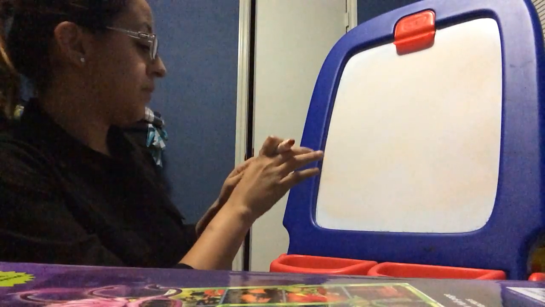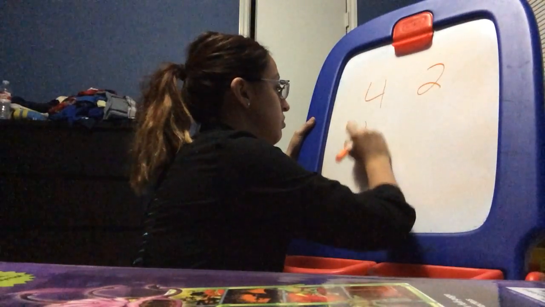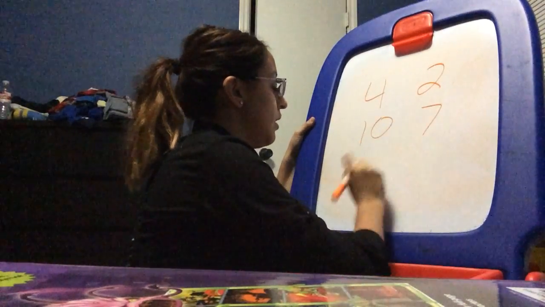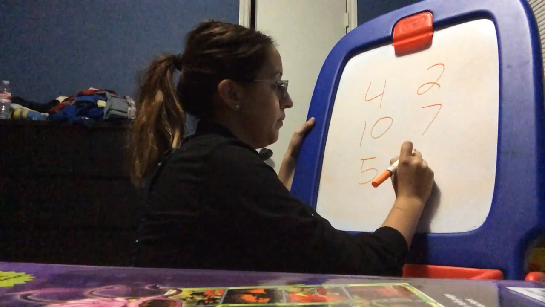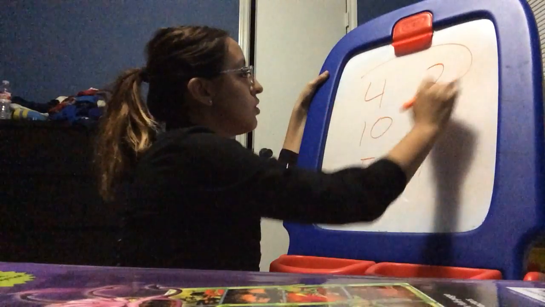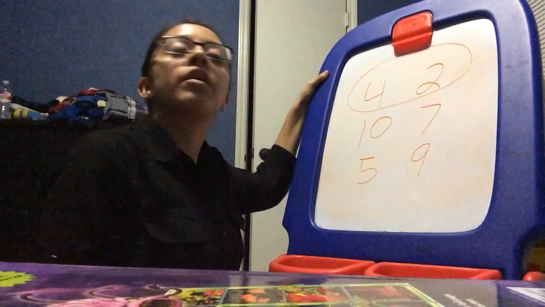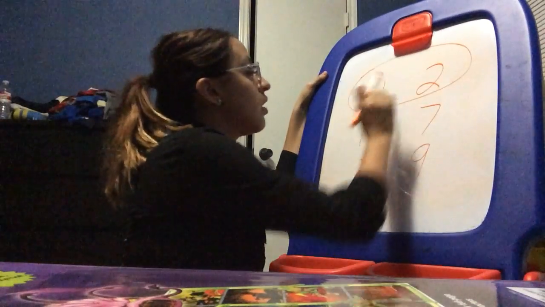Okay? Okay. Let's practice a few. Here's 4, 2, 10, 7, 5. Okay, so out of 4 and 2, which number is bigger? 4 is bigger than 2.